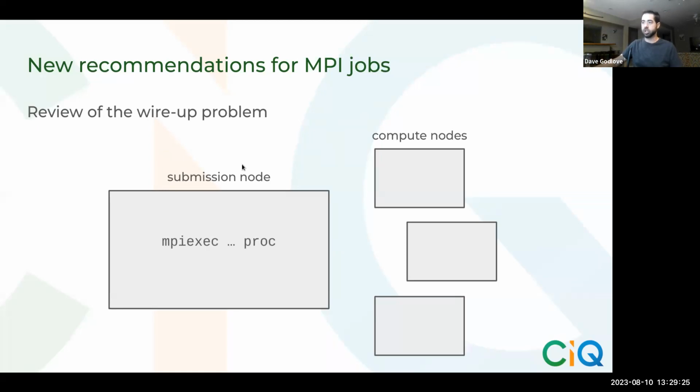In order to submit your job, you'll use an mpiexec command or something similar, maybe with some options and arguments, and then you'll specify a process that you want to run with the mpiexec command. When that happens, MPI is going to reach out via SSH or RSH to all these compute nodes, and then it's going to start that process on all the compute nodes.